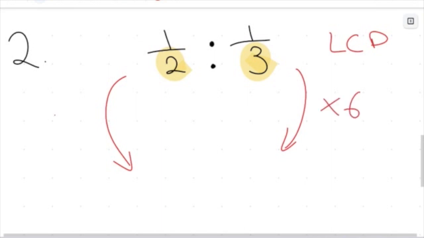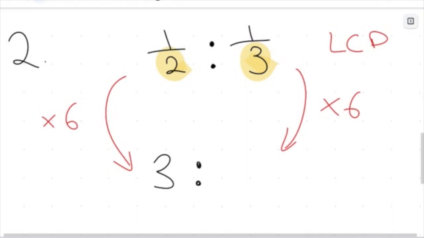So I'm going to times both left and right by 6, and that's going to give me my ratio in a much nicer form. So if I take 6 halves, or 6 lots of a half, I'm going to get 3.